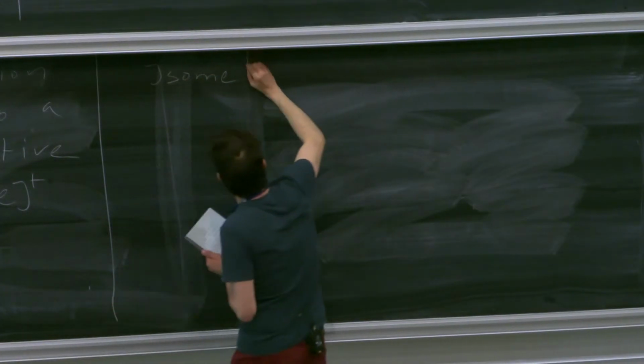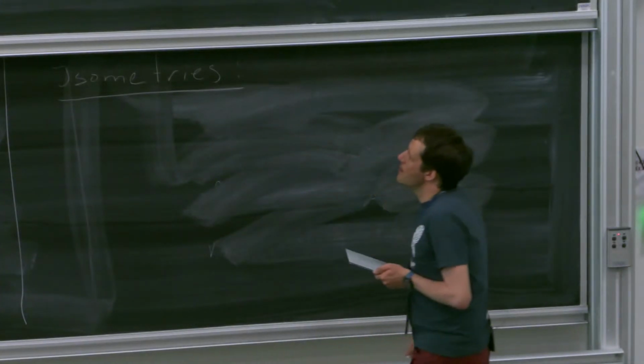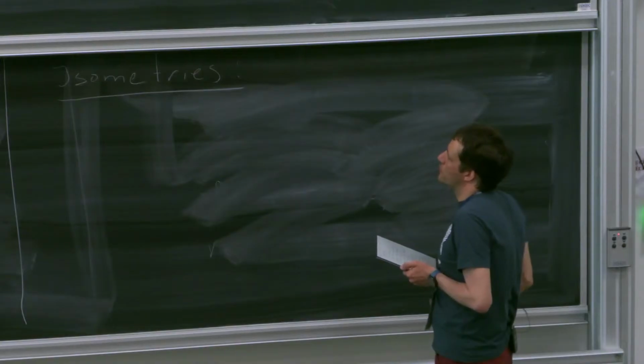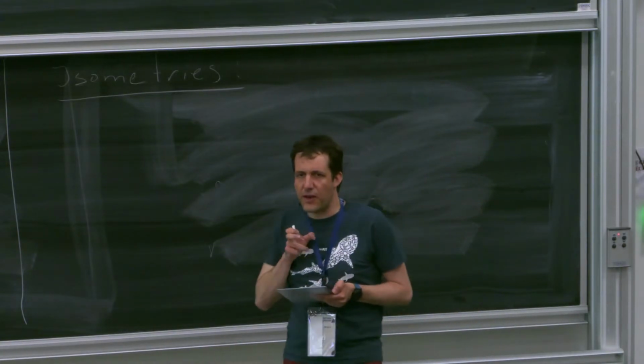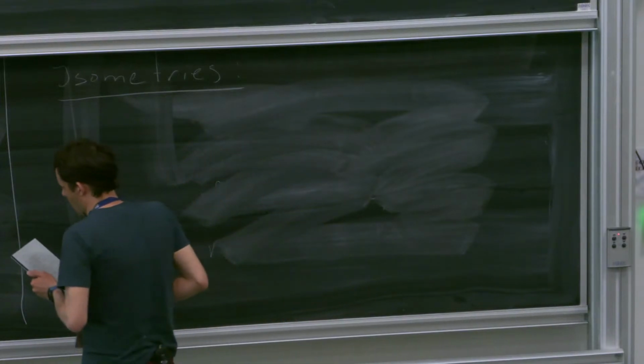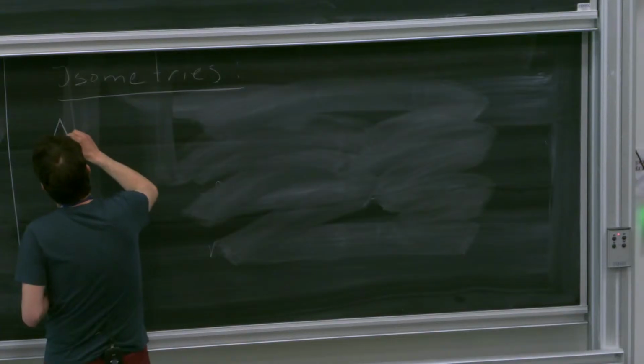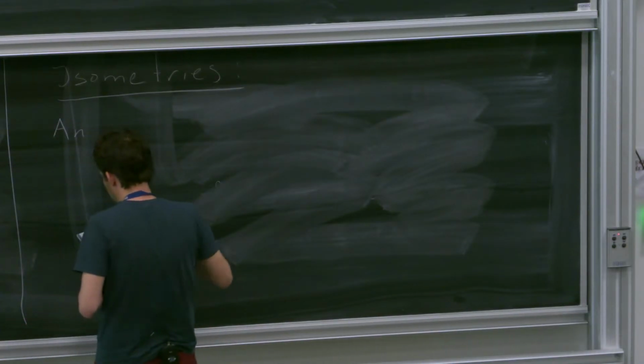Now what I would like to look at next are isometries. So now we have some kind of understanding of distances in cat-zero cube complexes, and we want to understand what kind of isometries we can have.